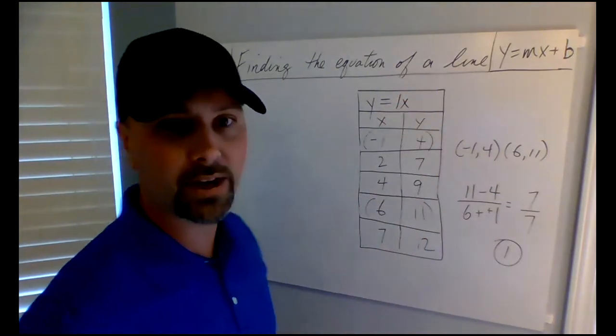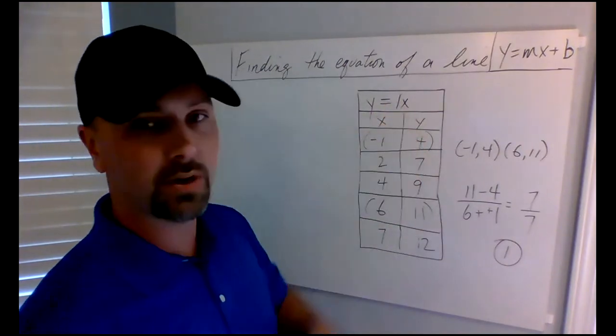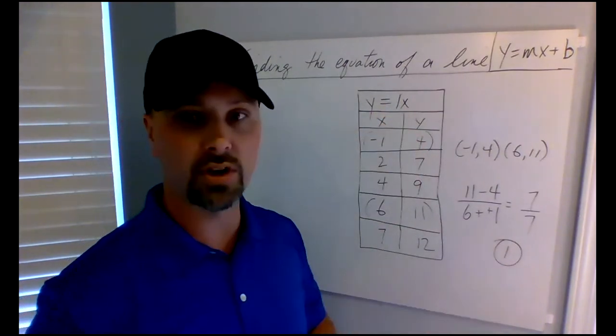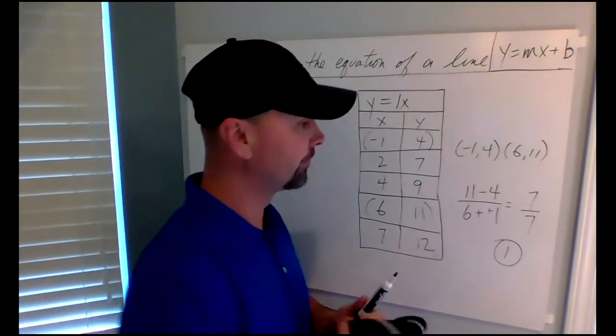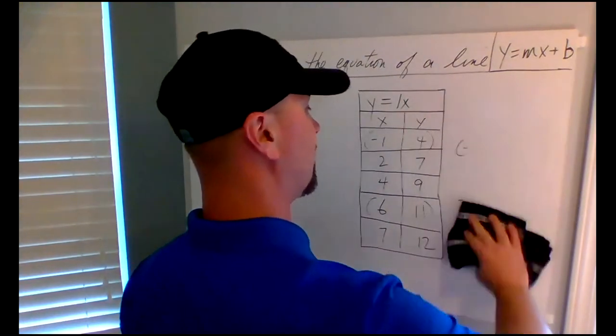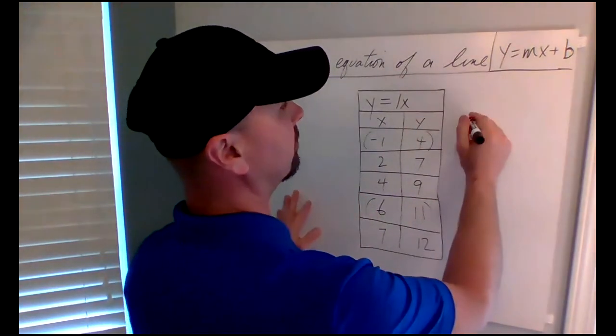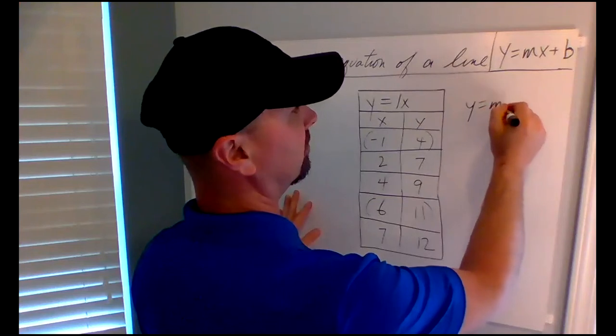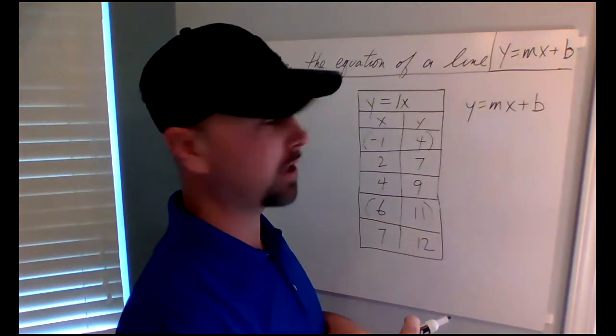I can go ahead and start my equation if you want. Y equals 1x. The slope is always attached to the x, so that's what I just figured out. Okay, now we need to get the b. We need to get the b. So, in order to get the b, we use y equals mx plus b.